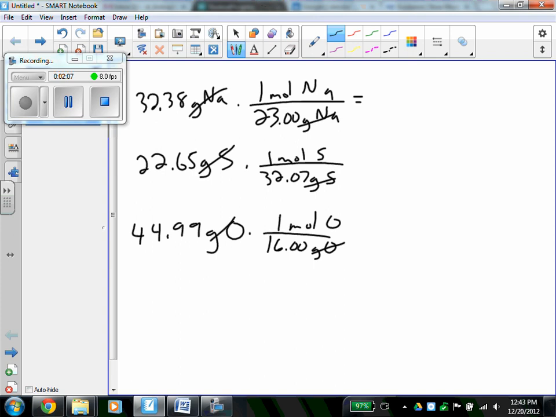Okay, so converting these things, 32.38 grams of sodium divided by 23 gives us 1.408 moles of sodium. 22.65 divided by 32.07 gives us 0.7063. And 44.99 divided by 16 is 2.812.